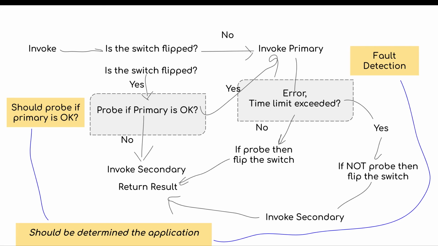So it can decide whether to probe the primary probabilistically, for example once every x number of calls, or it can decide to probe the primary after x time duration since the switch was flipped. For example, we know that a certain system takes a certain amount of time to come back up after it's reset. We want to go back to it after it's been reset.